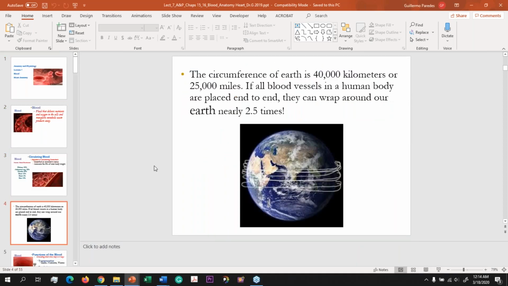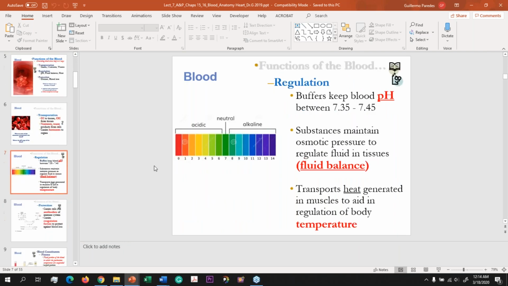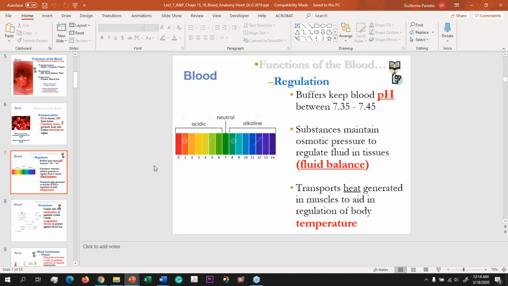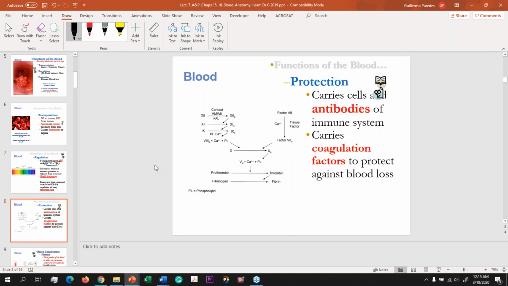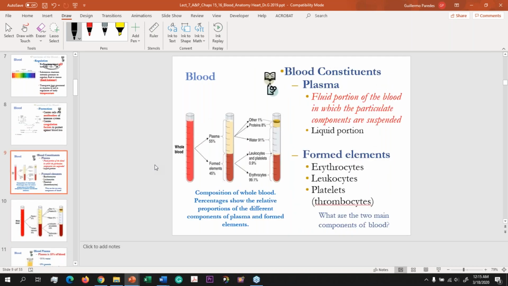Okay, lecture 7, here in the blood, what I want you to remember is, first of all, the pH of the blood. The pH of the blood is 7.35 to 7.45. You know what plasma is? Plasma is 55% of all the blood.